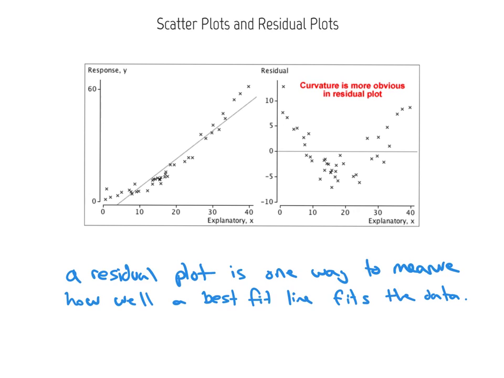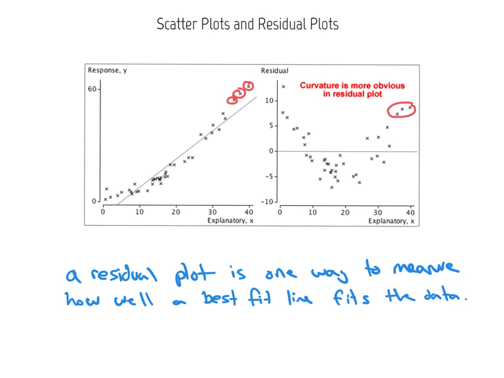I want to point out in particular these 3 points. Those 3 points there correspond with these 3 points on the residual plot. The residual plot is just a plot that shows how far each data point is from the best fit line.